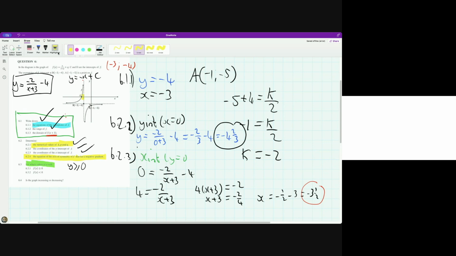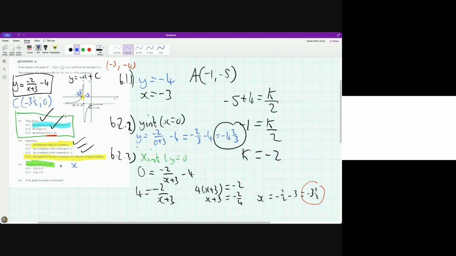Now, it would be very helpful if we knew what c was, but c is the x-intercept. So we know that c is minus 3.5, naught. And do I know what this asymptote is? I know that that line is minus 3. So that's minus 3, that's minus 3.5. So which x values are relevant?